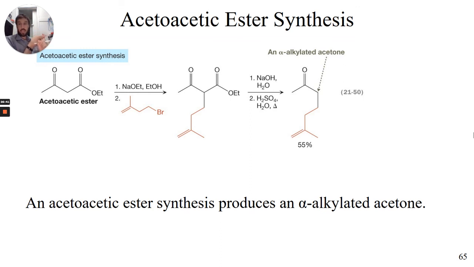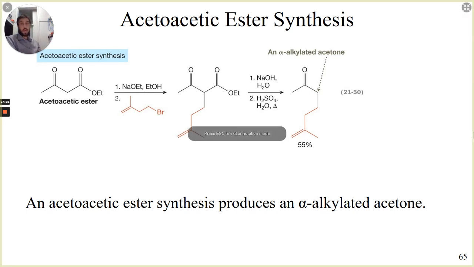So we're doing the acid base to activate the nucleophile, followed by the SN2, chain growth, followed by conversion to the acid, ester to acid, followed by decarboxylation. Sometimes you can do the conversion of ester to acid under base conditions or under acidic conditions.